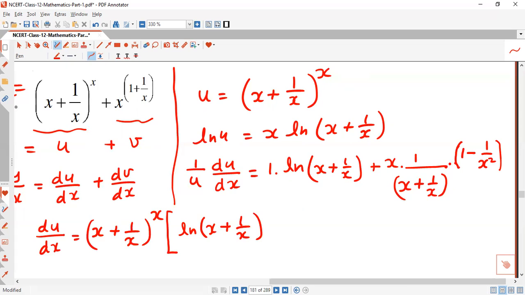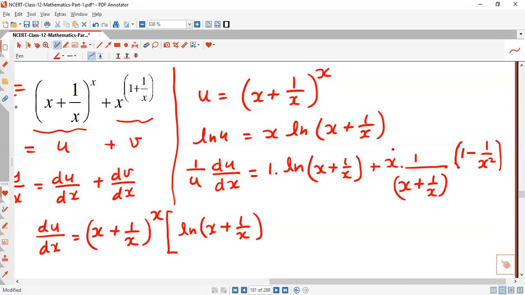Okay. Now, this function here can be simplified. I will say this x is there, this is 1 minus 1 upon x square, this is x plus 1 upon x. If we try to simplify this one, we are getting here the x square, this x is there, multiplied by this one.